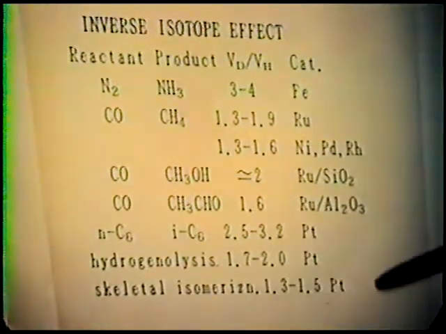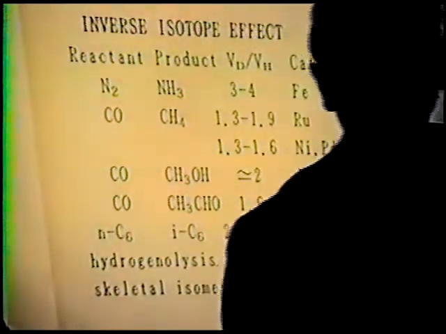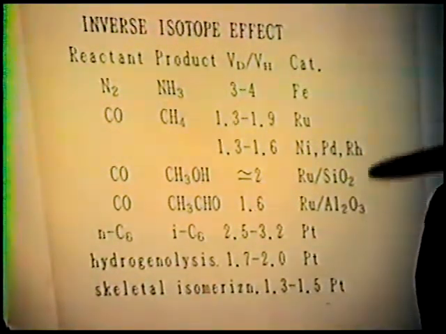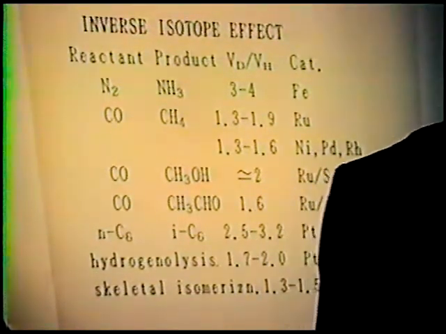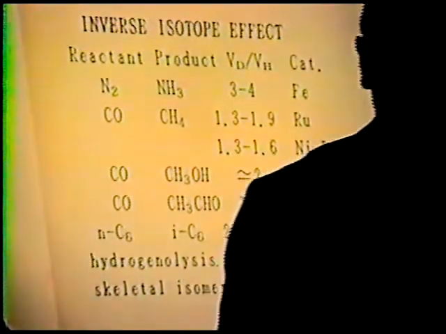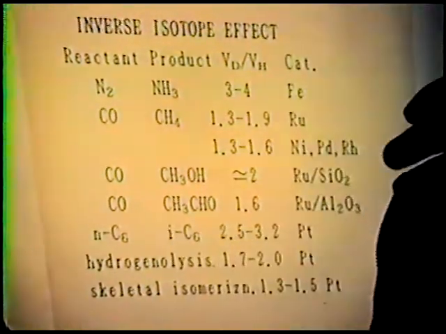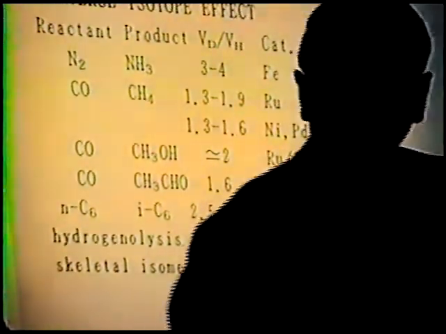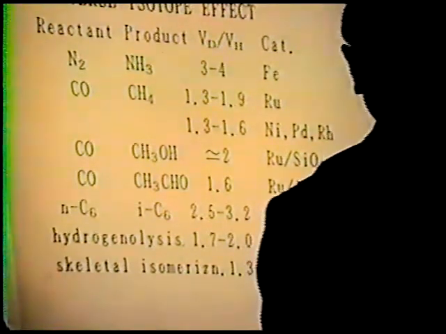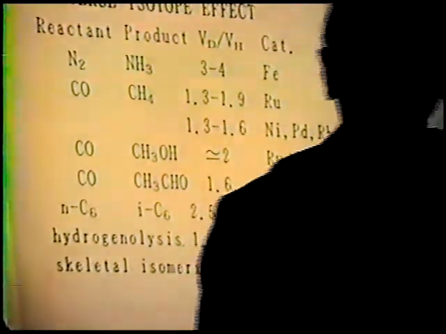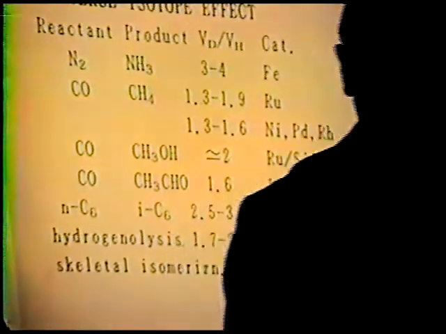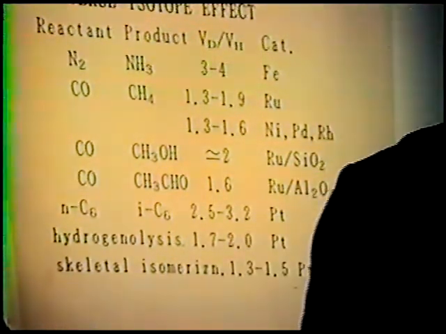In the case of carbon monoxide, about 1.3 to 2 times faster reaction has been observed for carbon monoxide hydrogenation over ruthenium, nickel, and palladium. And in the case of skeletal isomerization of normal hexane, a 2.5 times faster rate for the deuterium system over platinum, and also for hydrogenolysis over platinum.